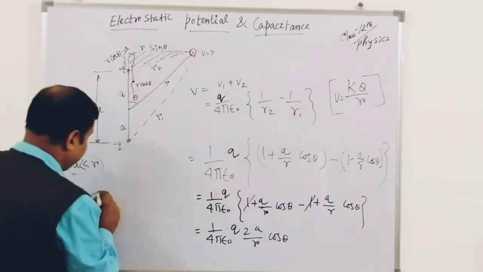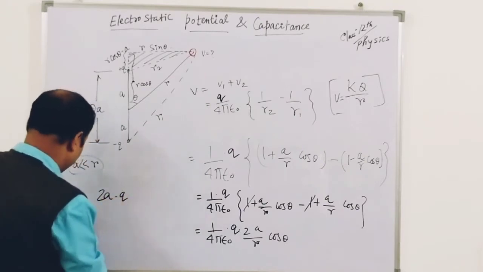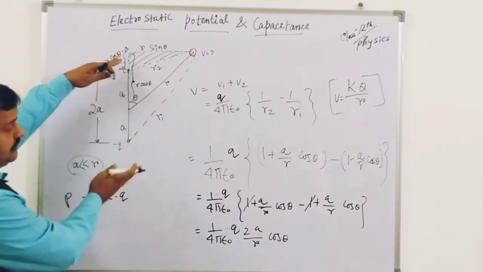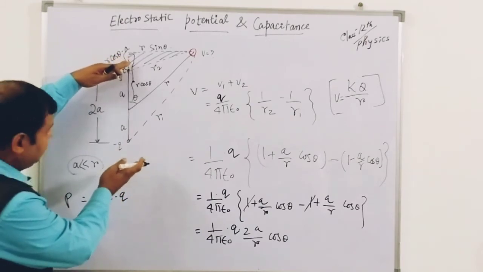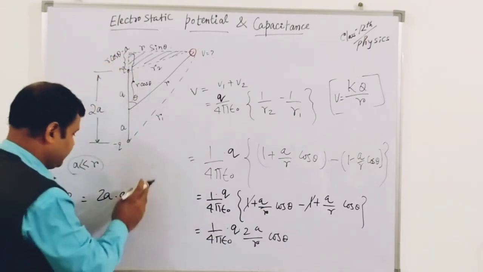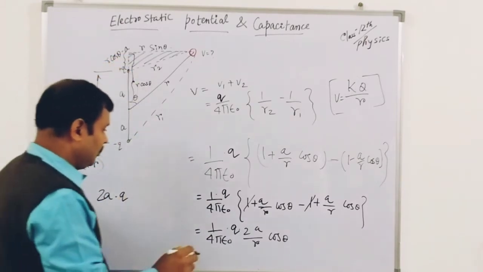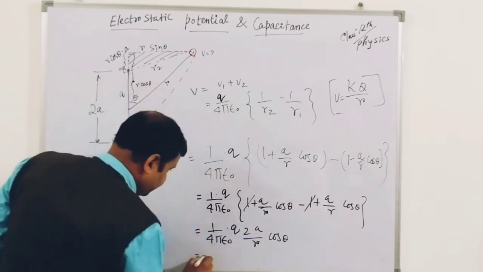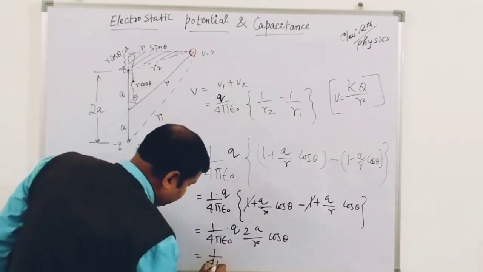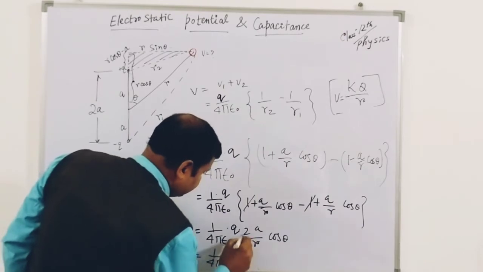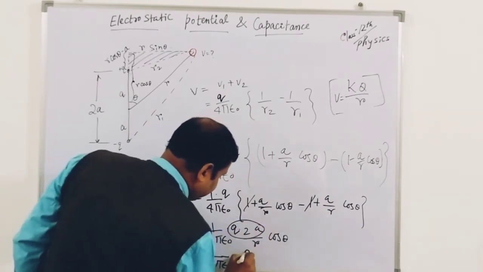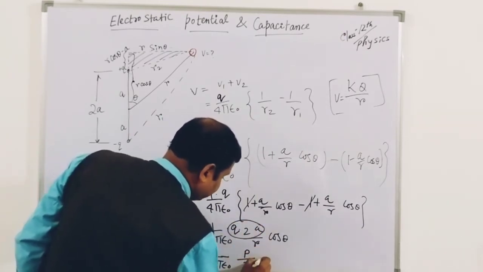This is 2a times Q, where 2a is called the dipole length and the charge is Q, and the product is the electrical dipole moment. So from this we will say this is 1 by 4 pi epsilon naught, and it could be replaced by electrical dipole moment over R square and cos theta.